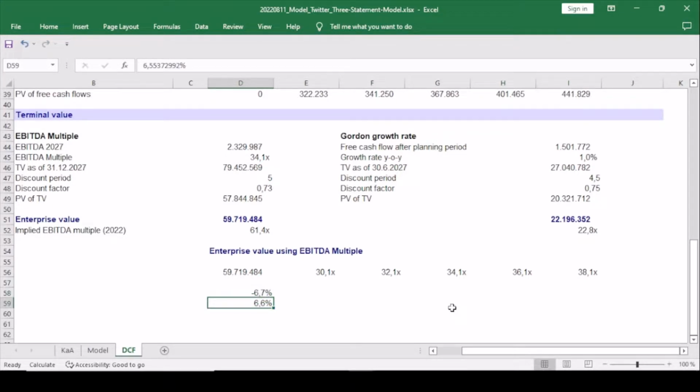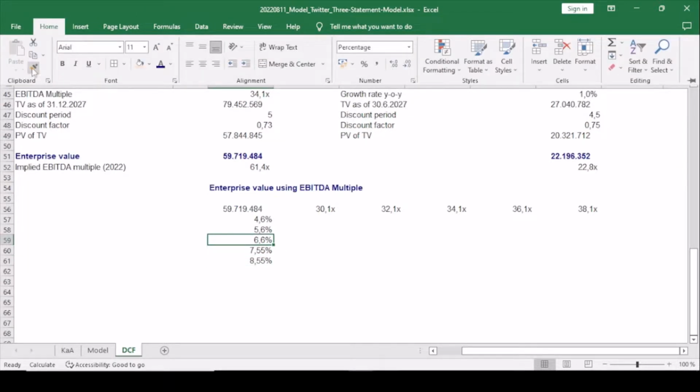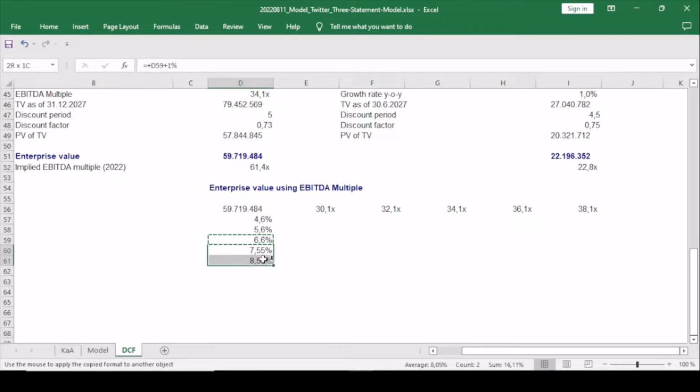So these figures I'm just plugging in are arbitrary, so please feel free to adjust your analysis. This is just to illustrate how such a data table could look like.